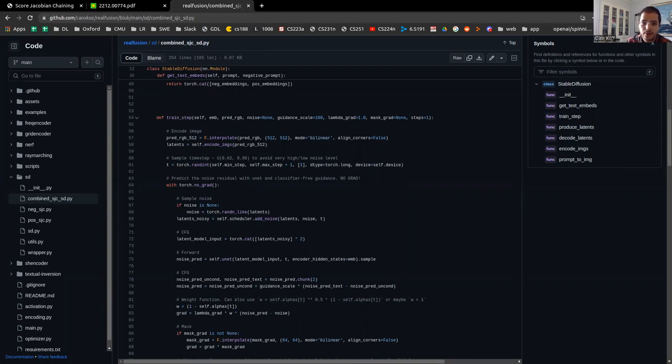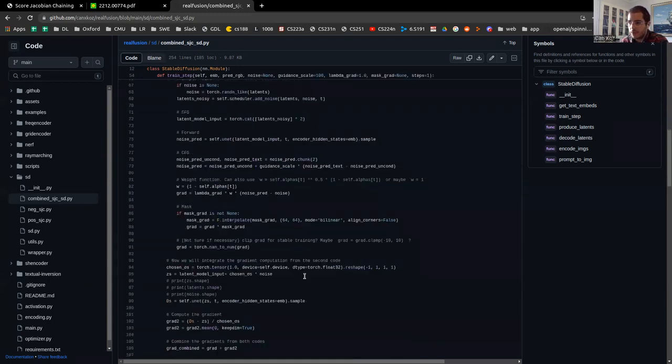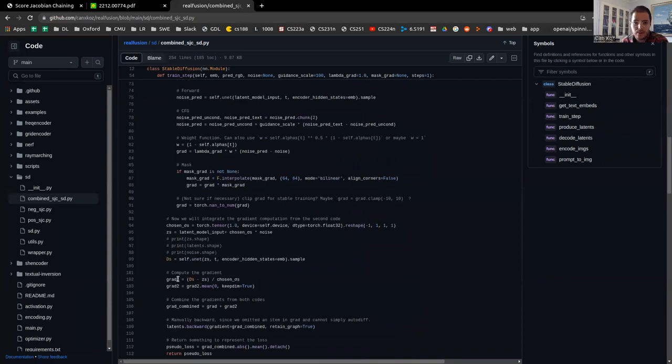In this modified version, I added the gradient computation from the second code right after the original gradient computation in the first code. The new gradient, grad2, is computed using the denoised image, DS, and the noisy image, ZS. Then the original gradient, grad, and the new gradient, grad2, are combined to form grad combined, which is used in the backward prop.